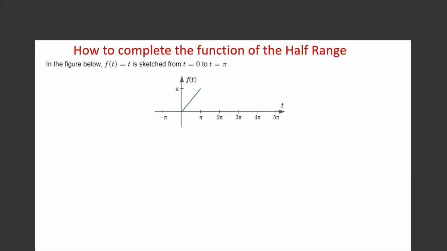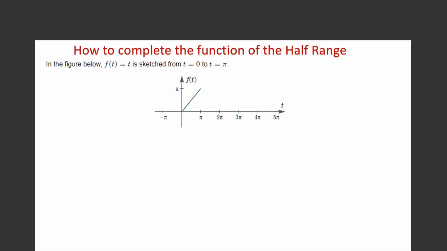In this figure, you have a function defined from 0 to pi, right? If I would like to have a Fourier series which has only cosine, I have to complete the figure of this function to be even, because I need cosine only.